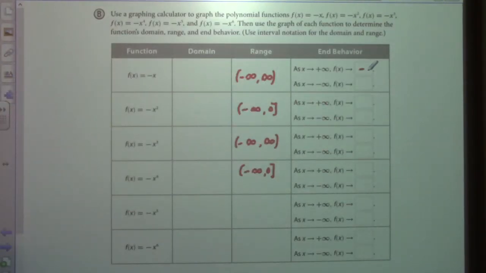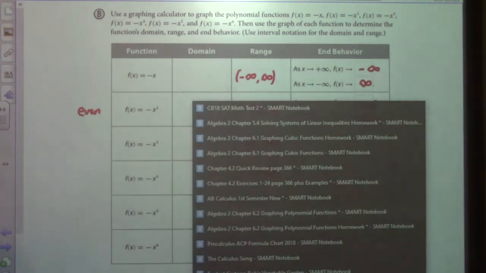As x approaches negative infinity, f of x approaches infinity. Now for the even functions, this is an even, right? As x approaches infinity, f of x approaches negative infinity.